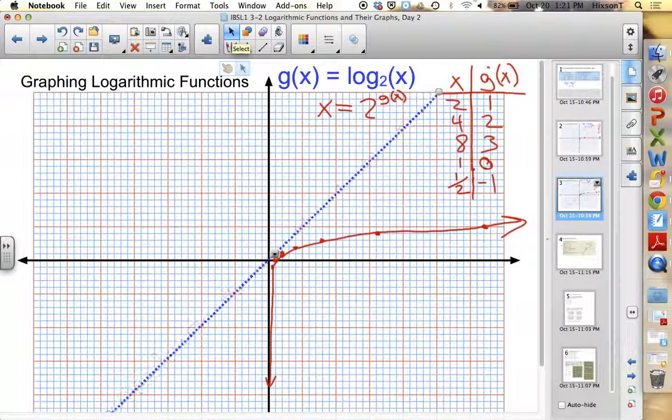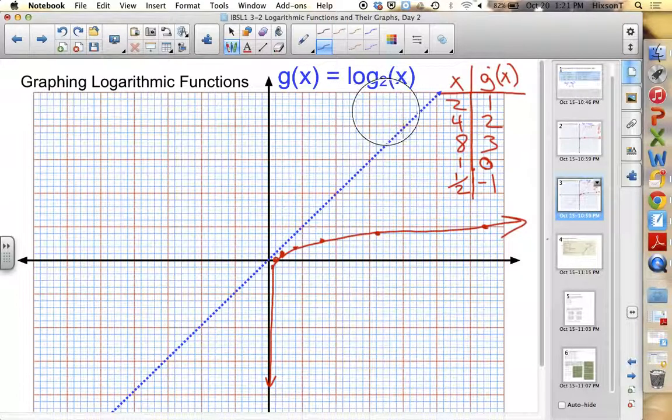Let's think about the reflection here. What would the inverse of g be? g to the -1. Yes, but what would that be?